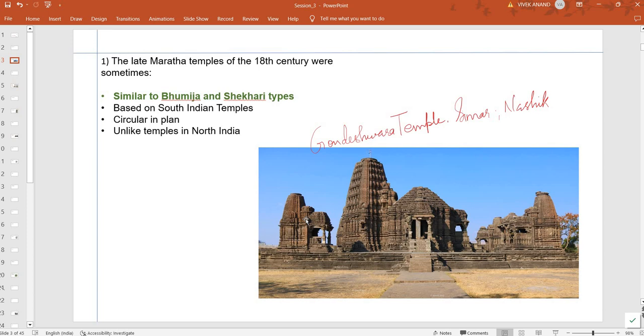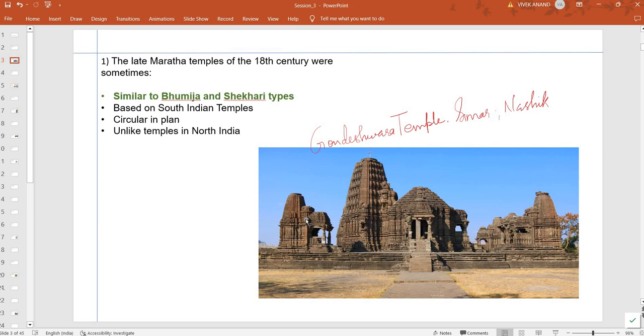The main temple looks like Bhumija style because it has a vertical strip from the Shikhara to the bottom of the temple. But whether the same logic applies to the smaller temples, I'm not sure. So you can say that the smaller temples are not Bhumija.